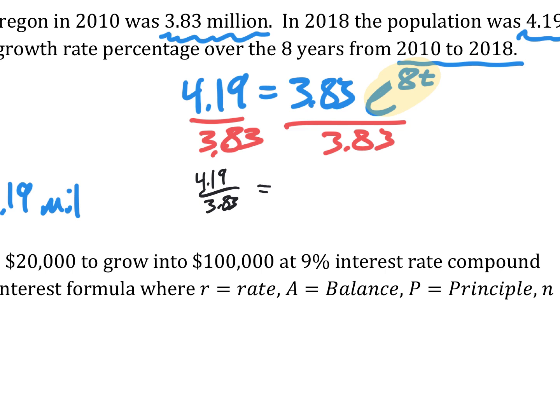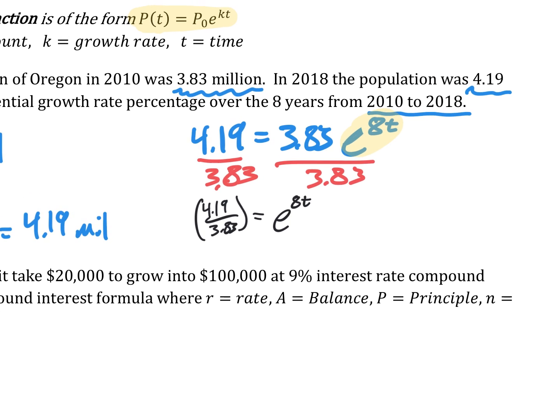We don't need to get an ugly decimal yet. This fraction is now equal to the exponential. Well, we're ready to change it to a logarithm. Actually, let me back up. I messed that up.